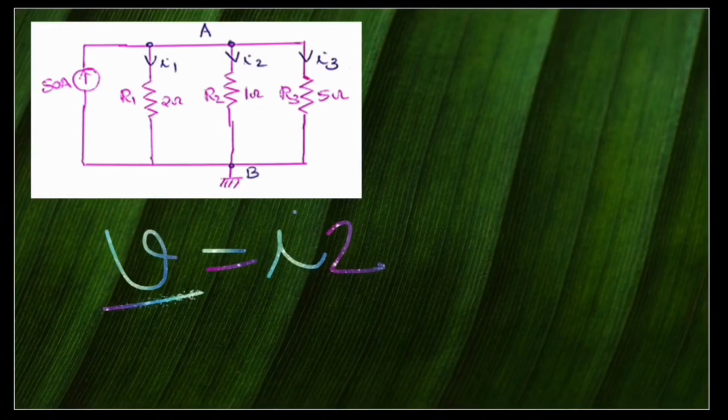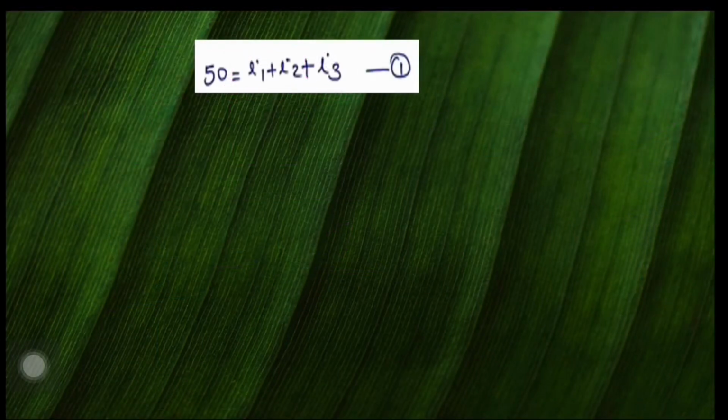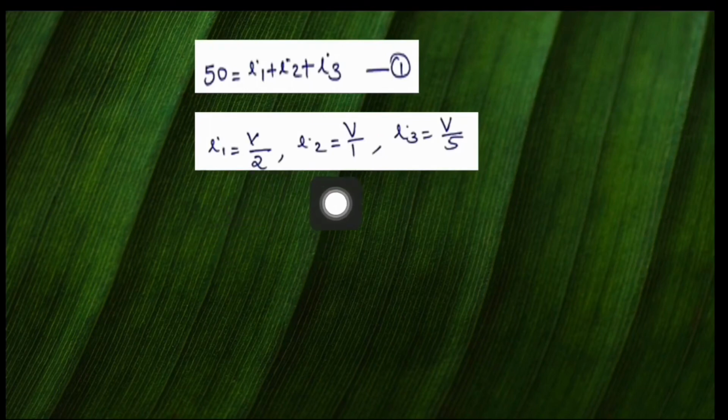What will be the value? It will be V minus 0, that is V. Correspondingly, I2 can be expressed as V by R2, that is V by 1. And I3 is equal to V by R3, that is V by 5. So we get I1 is V by 2, I2 is V by 1, I3 is V by 5.